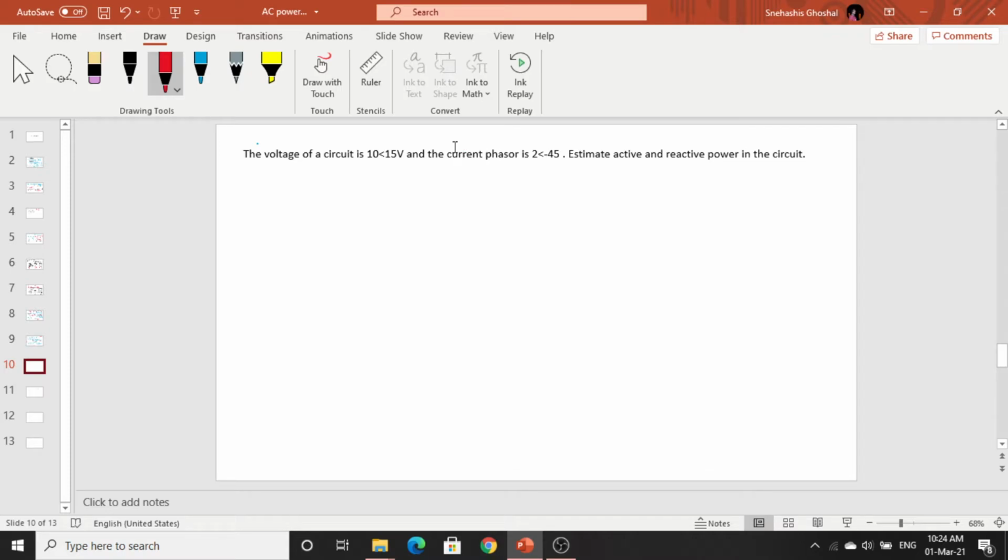It has been asked to calculate the active and reactive power. In polar format, voltage is 10 angle 15 degrees, which is actually 10 cos 15 degrees. I have taken cos; if you had taken sine, then in that case this would have to be a sine wave too.